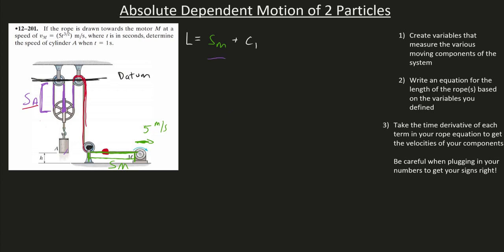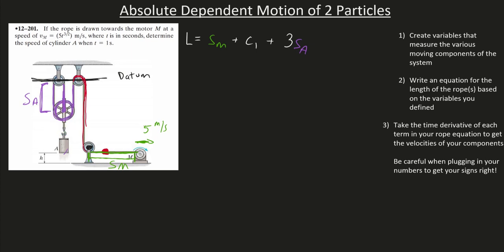I got my green down there. I got my first red constant. Really, I just have 3 of these SA lengths, because remember, I'm measuring out my pulley now. If this pulley travels downwards, those 3 rope lengths are going to increase too.